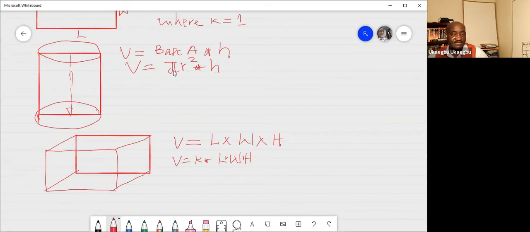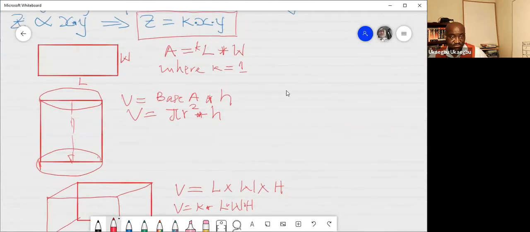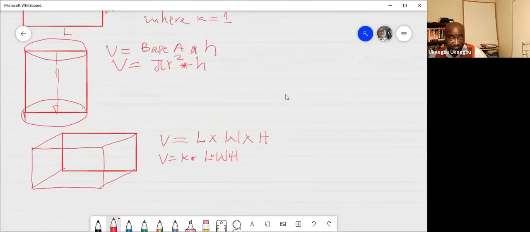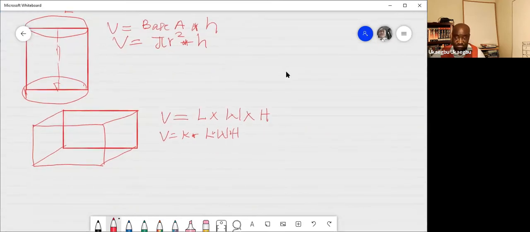K is actually pi for a cylinder. Am I making sense? The two things that vary there, the things you can change, are the radius and the height. The pi will always be constant. So I just tried to give you some examples of many quantities that represent joint variation.